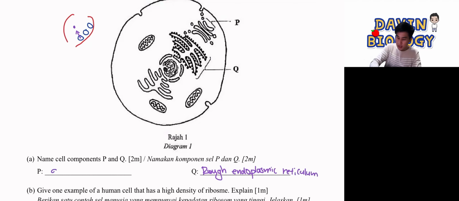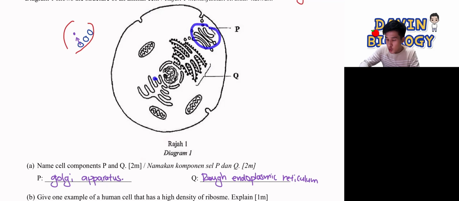And P is your Golgi apparatus. Now, in this diagram, you can see very clearly that Golgi and your smooth ER are very different. There's no reason to be confused. See, smooth ER is right on top of the nucleus, each layer attached to each other, while this one is further away from the nucleus, and each layer is not attached.